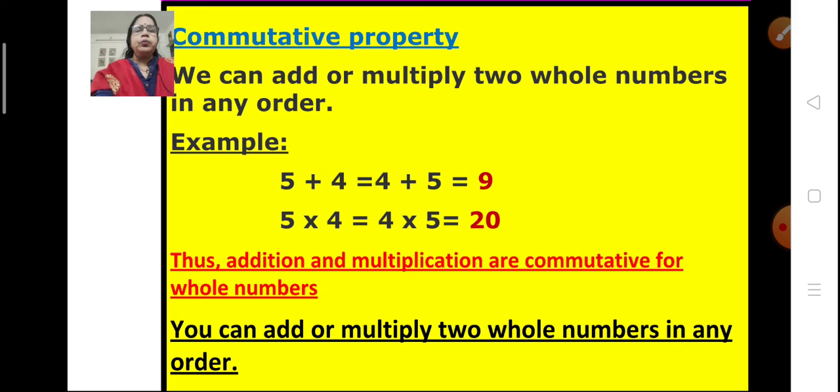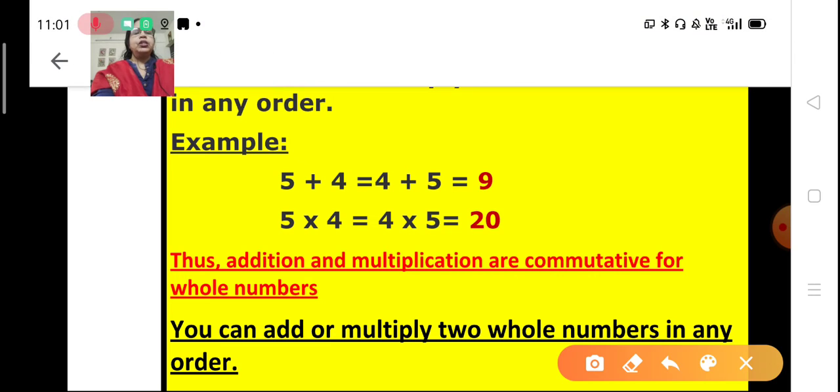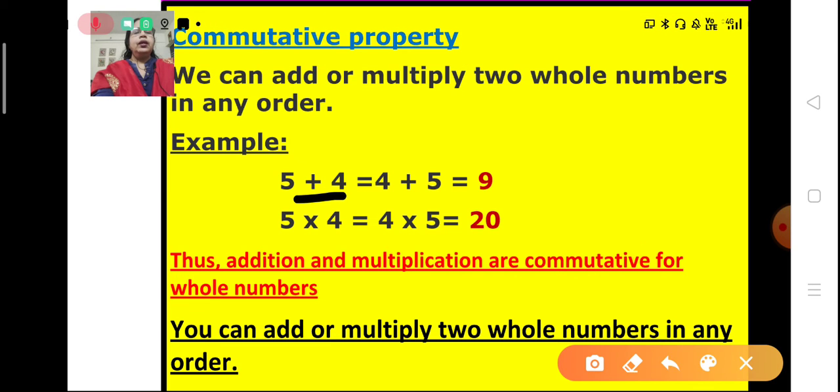Now what is the commutative property? We can add or multiply whole numbers in any order. It doesn't change the answer. The result is not changed. So we can add or multiply two whole numbers in any order. For example, we have 5 plus 4, and if we change the order as 4 plus 5, the result remains the same, 9.